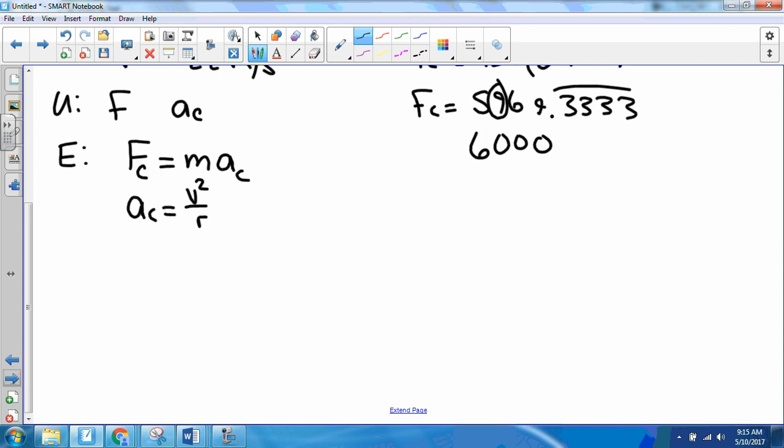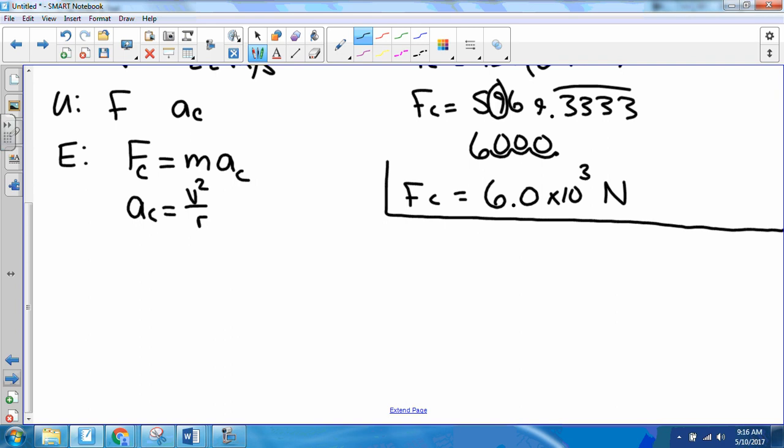What you should be saying is I need to write this in scientific notation now. So for scientific notation, my decimal is hidden right here. I move it 1, 2, 3 spots. And now I can write 6.0 times 10 to the third, because I moved it 3 times. And since this is force, the unit should be newtons.